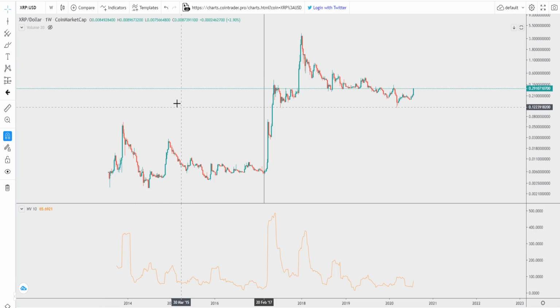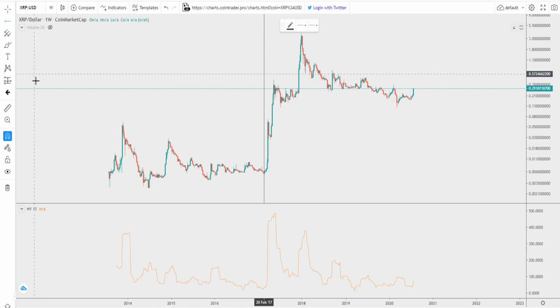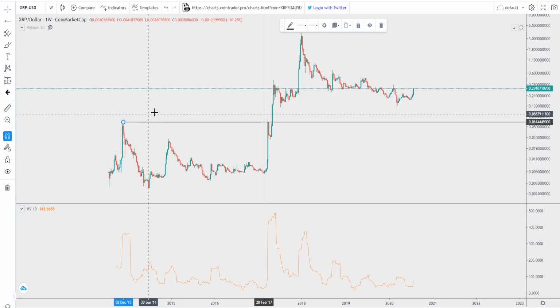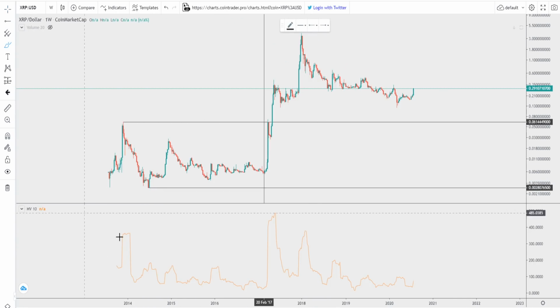Just for you guys to have an idea, I'm going to highlight all the ranges. Just a moment, please. As you can see here in the lower section, this is the tool that measures volatility.